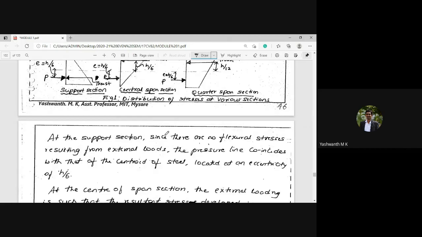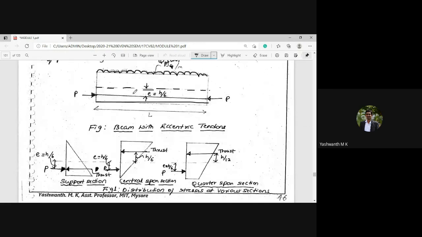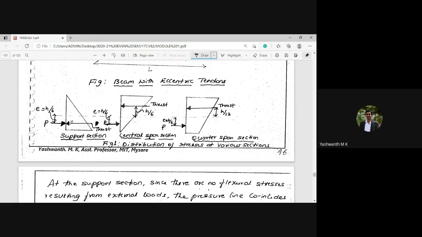At the support, since there are no flexural stresses resulting from the external load, because whatever the PSC beam is subjected to, at the support the moment will be 0, which indicates no moments will be created due to the external load, hence the flexural stresses also will be 0. Because of this, you can see this will be the stress distribution.